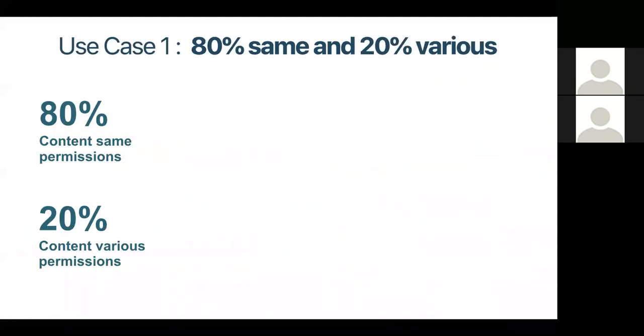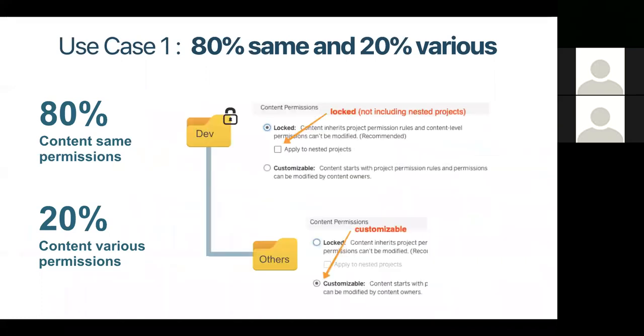Let's say you have a project, 80% of the content you want to have the same permission, but 20% of it needs various different permission. How do you do that? Well, now with 20.1, you can lock, for example, the parent and lock a child. 80% of the same permission content should be published to the parent.